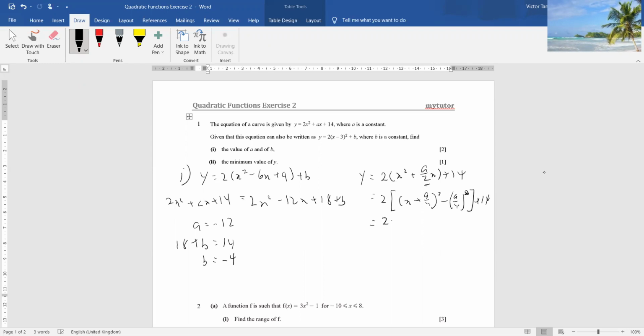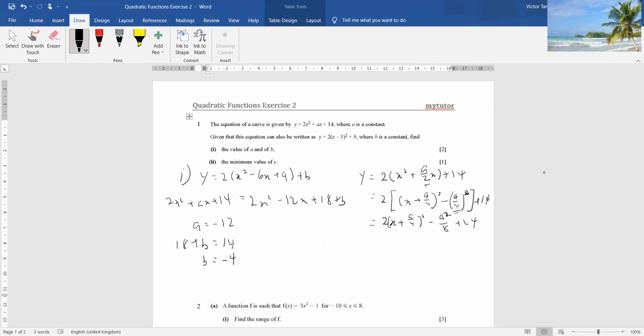So you expand to 2 times (x plus a over 4) squared minus. This is a squared over 16 times 2, which is a squared over 8. So there we have it.